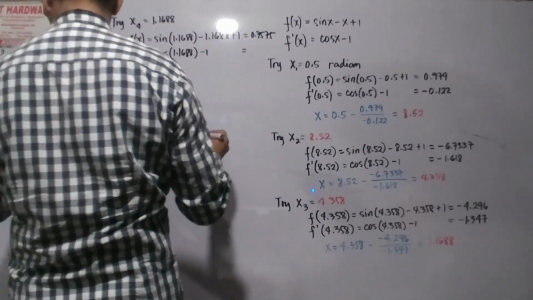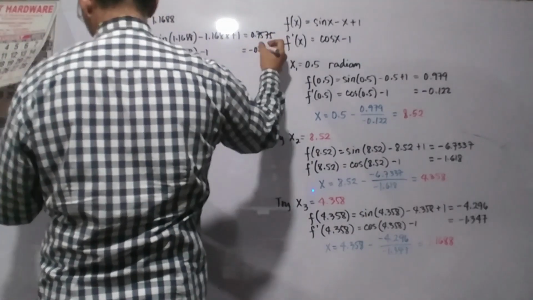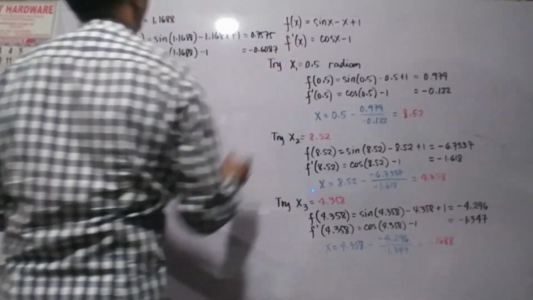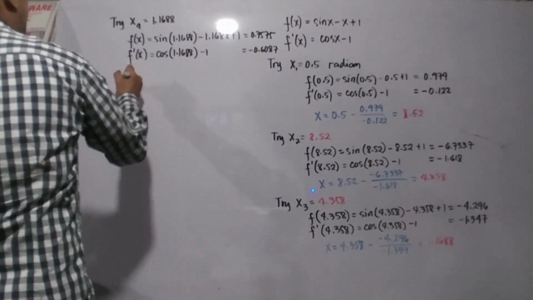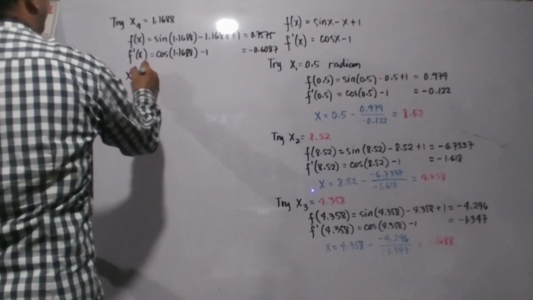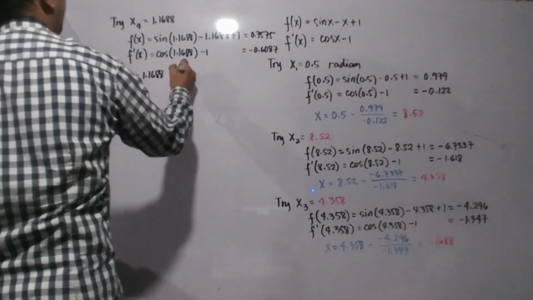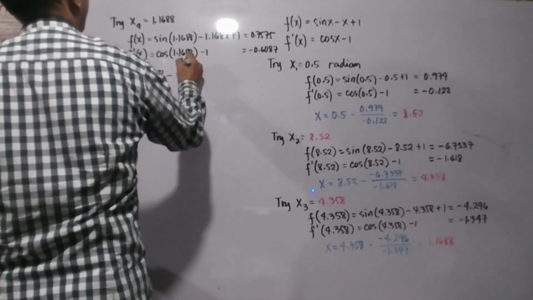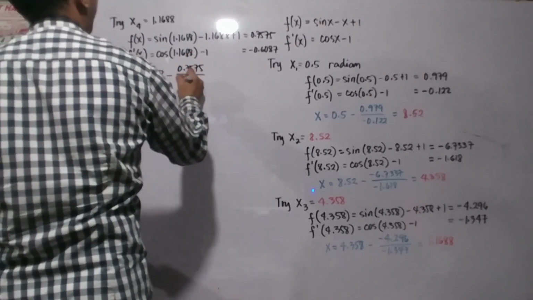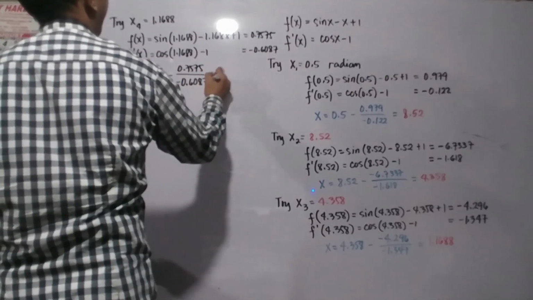And the other one is negative 0.6087. Then we have now 1.1688 minus 0.7575 over negative 0.6087.